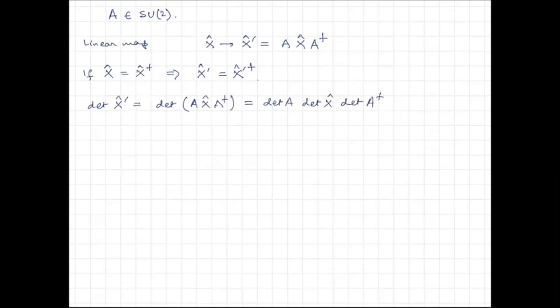And remember that A belongs to SU2, so the determinants of A and A dagger are 1. So the determinant of X cap primed is the determinant of X cap. So this map preserves the inner product, and hence defines a rotation.